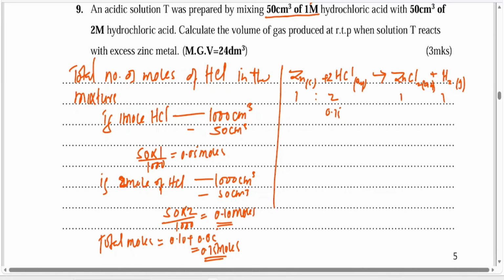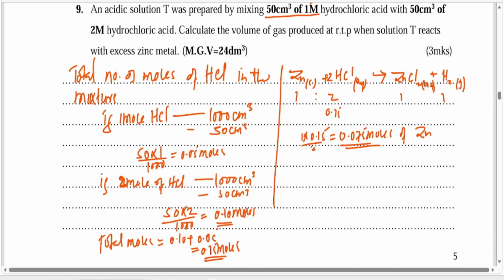So how do I determine the moles of zinc? Automatically this is going to be 1 times 0.15 divided by 2. When I divide by 2, I obtain 0.075 moles. So these are the moles of zinc that were used.